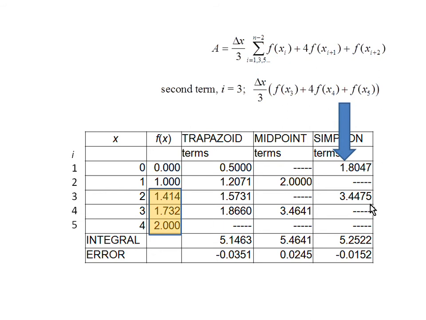And so we add these 2 terms up, we get this result, and we calculate the relative error. So all of these methods do fairly well. Errors are in the range of a few percent, and we see that the Simpson method in fact does the best.